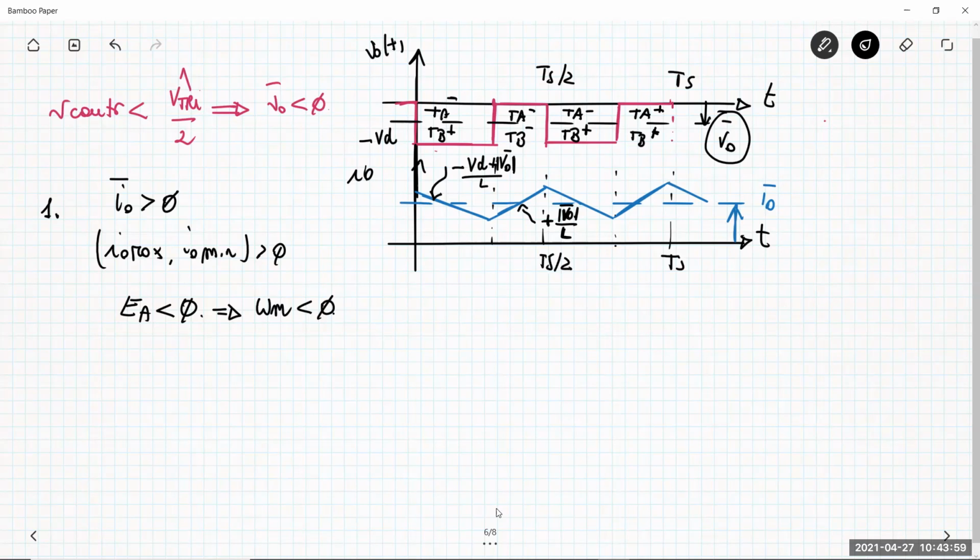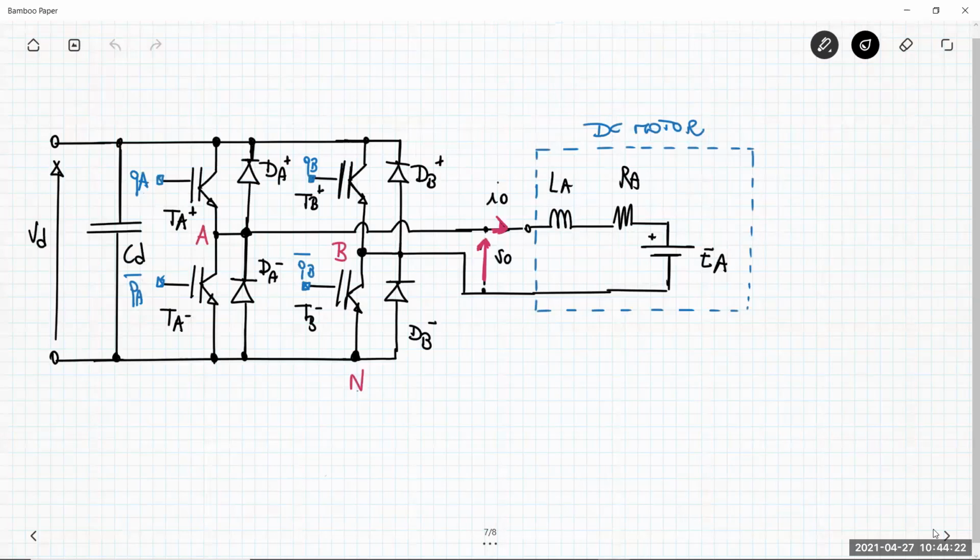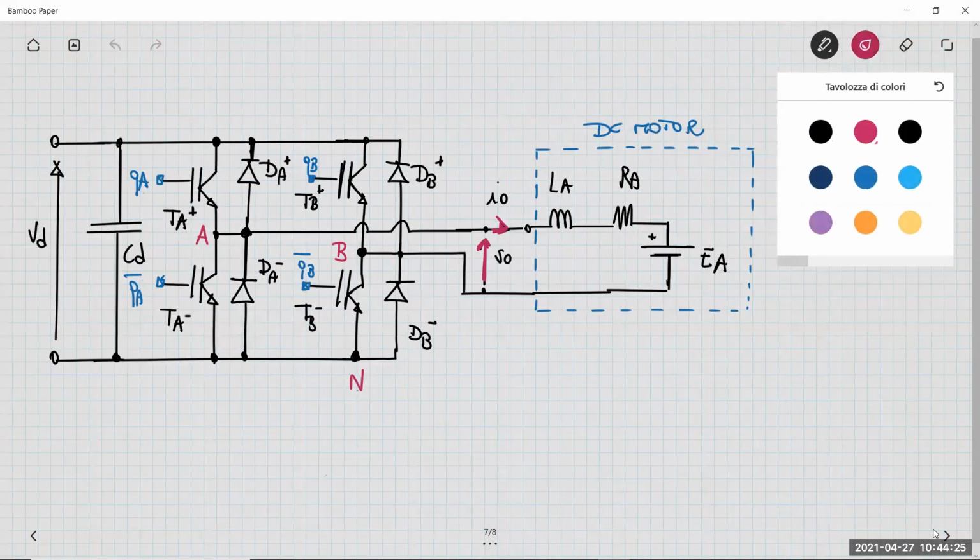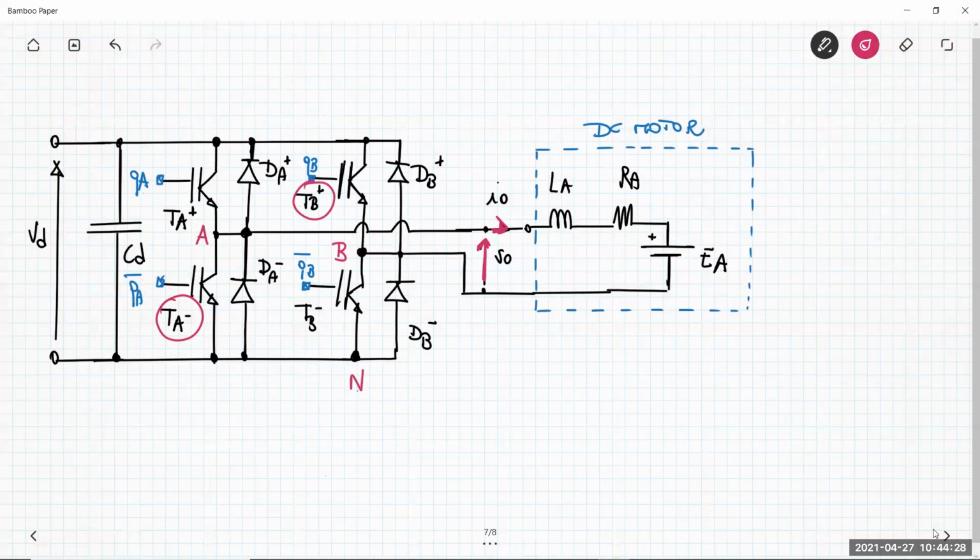But now the circuits to be analyzed in order to see what are the devices that conduct the current are a little bit different from before. For example, in the previous situation, when the output voltage was, say, a positive average value, there was no combination of the switches TA minus TB plus, which is now present. So TA minus TB plus is something that is new now. This is the combination of the switches that provides negative VD as the output voltage V naught. The current is positive, so the current goes from, say, the node A into the motor.